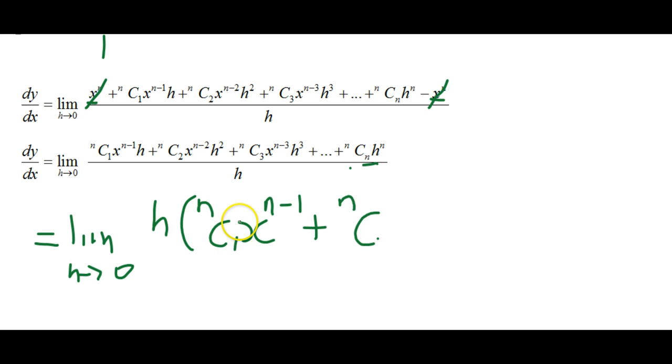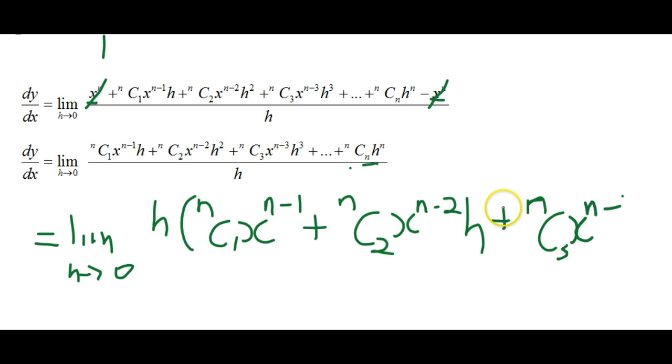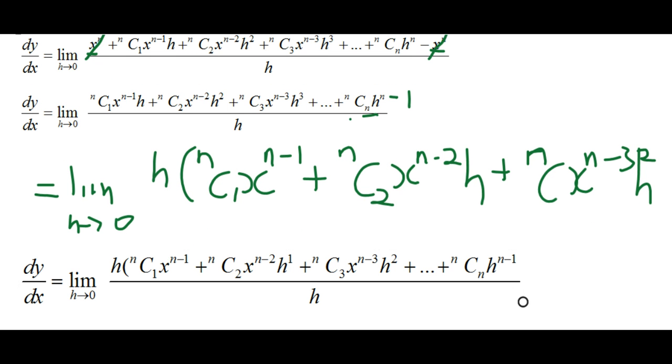Then n combination 2 s to the power n minus 2, and h will reduce to 1 from here, plus n combination 3 s to the power n minus 3, h will reduce from 3 to 2. And this will continue until the last end, h will reduce to 1. So we have this as the outcome.